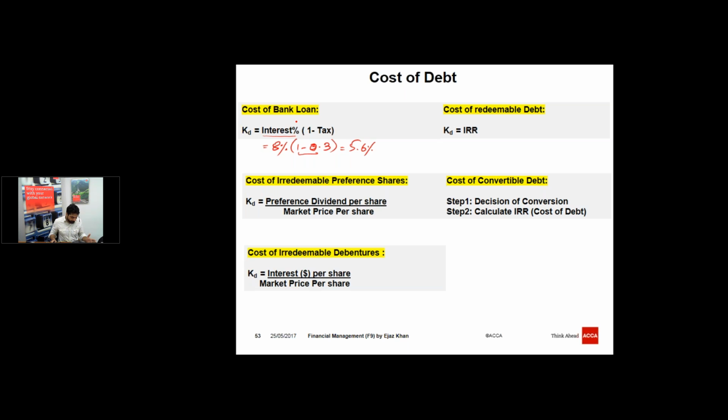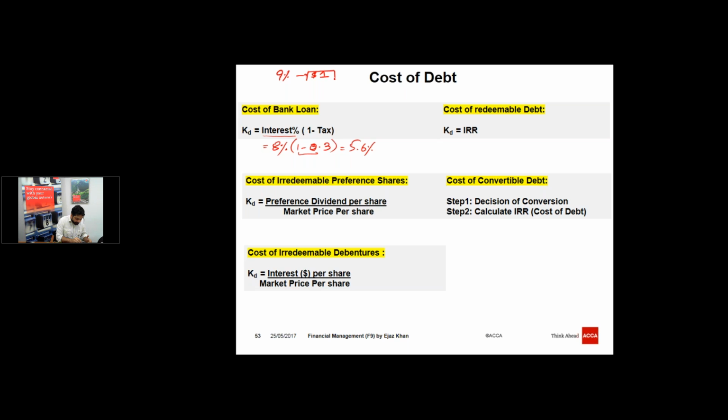So this is very simple. Then we have the cost of irredeemable preference shares, the shares that will stay in the business for an indefinite period of time. How to calculate the cost of it? We take the preference dividend per share. Say, for example, the preference dividend is 9% and the par value is $1.